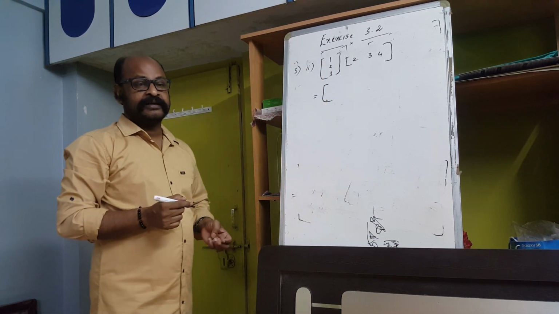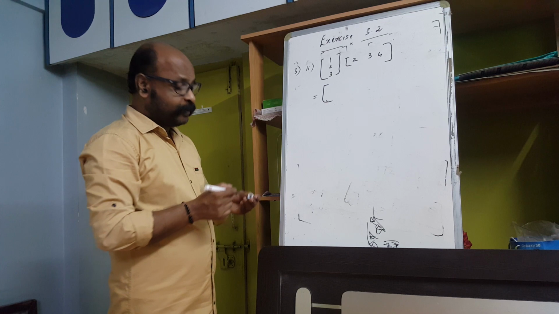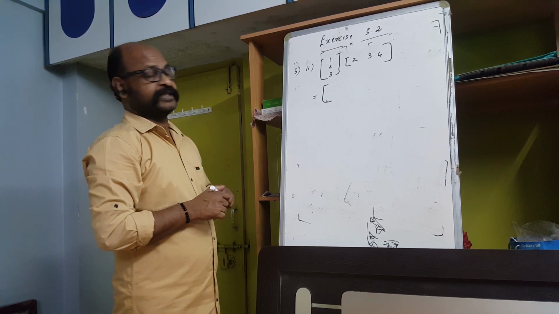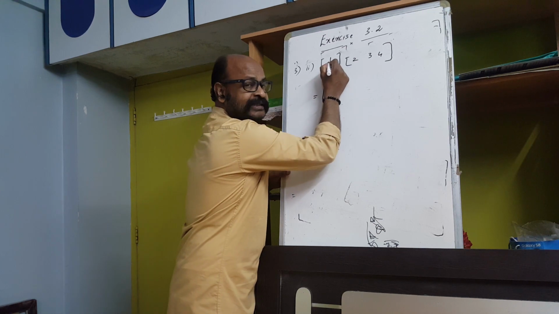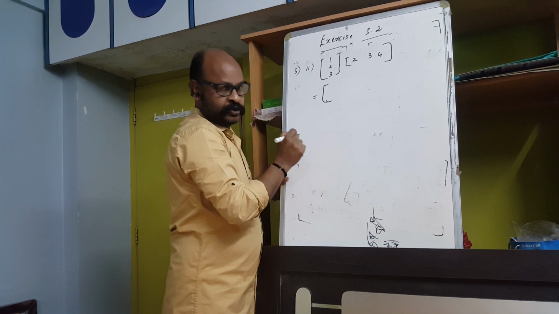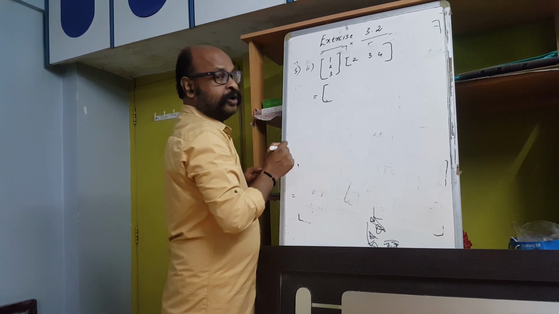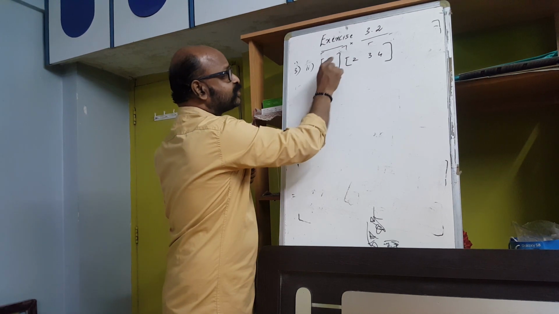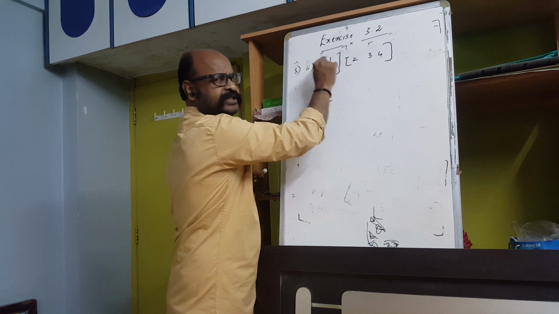Then we come to the product. What to be done? Row by column multiplication. Take the first row of the first matrix. The first row contains only one element, that is 1.